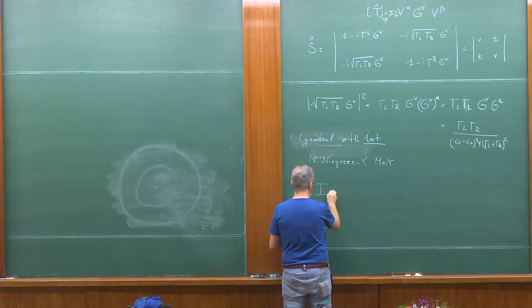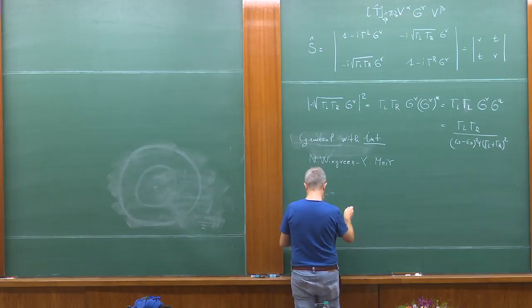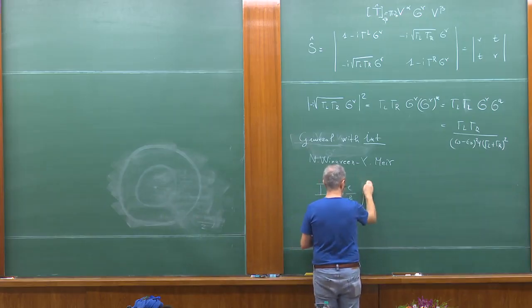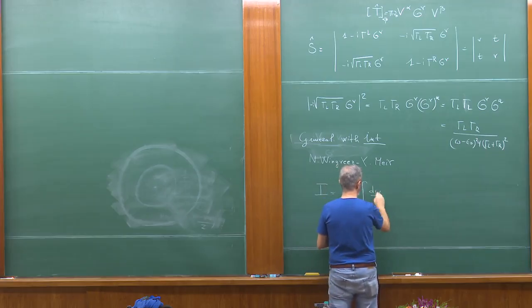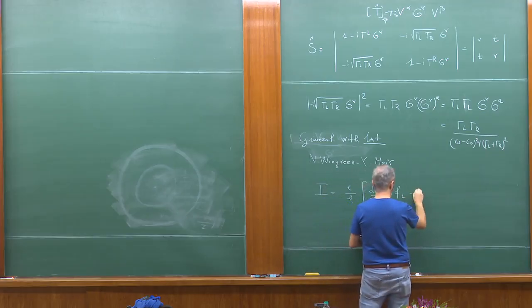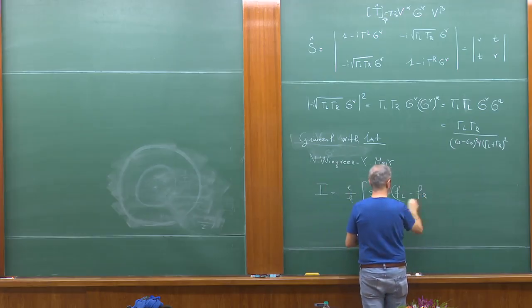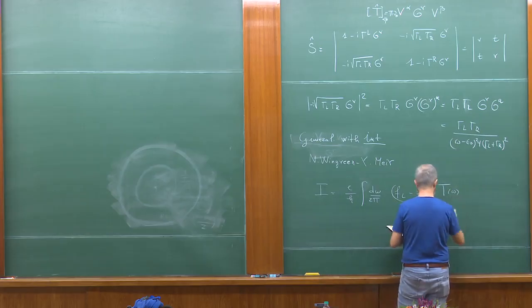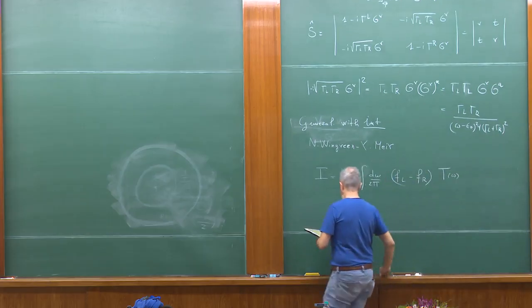The current is equal to e over h integral d omega over 2 pi, f left minus f right, times T of omega. Now, what is T of omega?